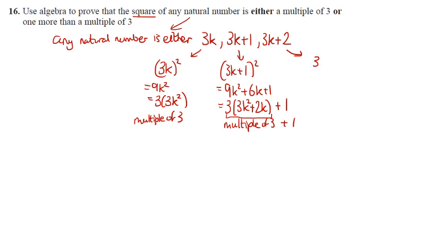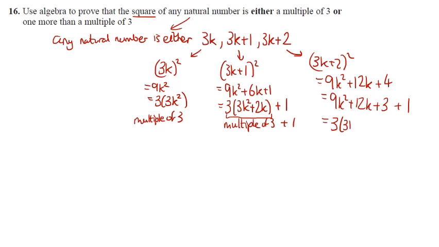And then similarly the last one, 3k plus 2 squared is 9k squared plus 12k plus 4. And we can split that up into 9k squared plus 12k plus 3 plus 1.